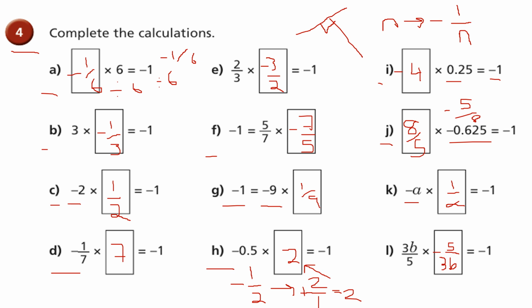Remember, if it's a fraction like a over b, the negative reciprocal makes it -b over a. If it's a number, let's call it n, then we go to minus 1 over n. With a normal reciprocal, it's just 1 over that number without the sign change.